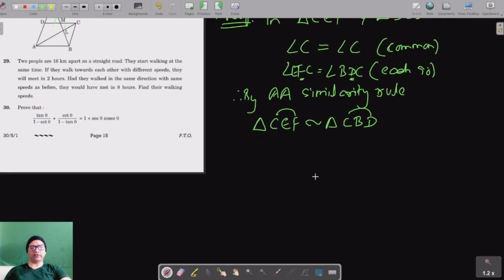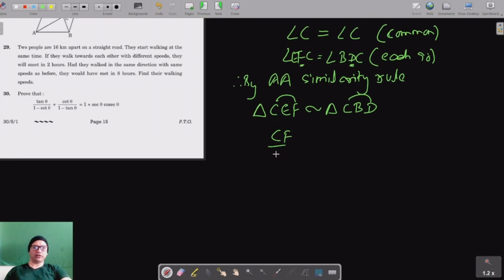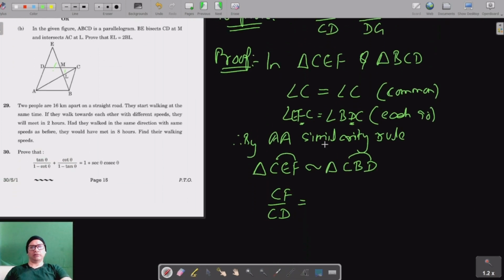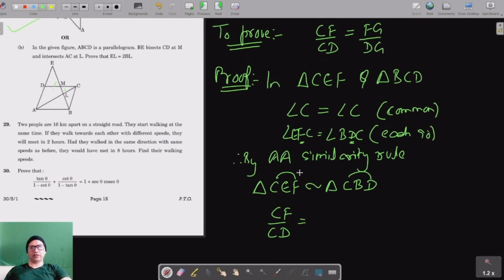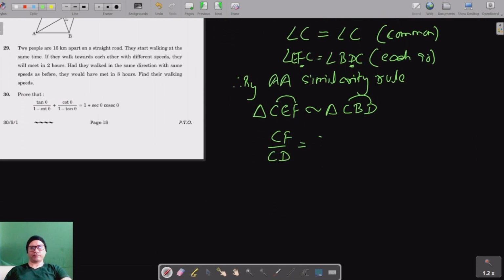So it's CF by CD. So this is CF by CD is equal to EF by CB. This is EF by CB and C by CB. So this is CB by CB.